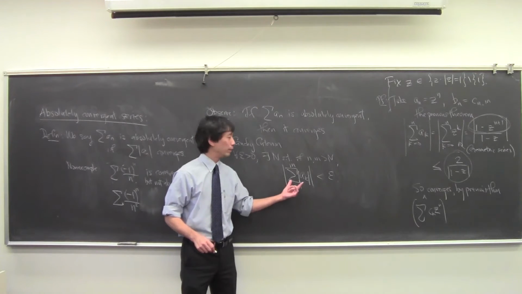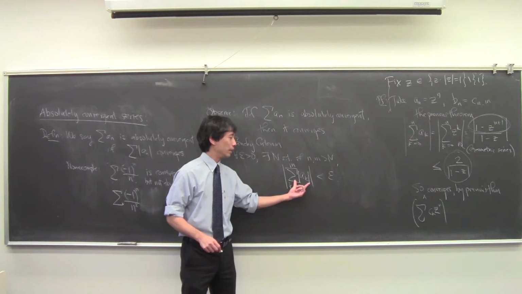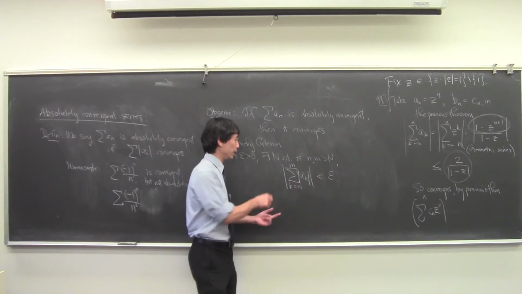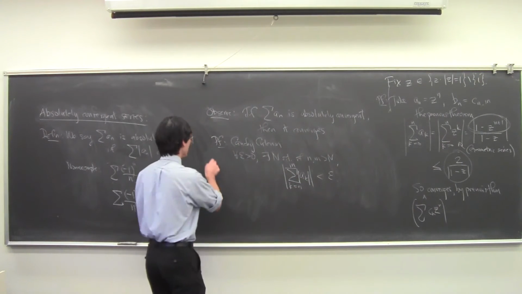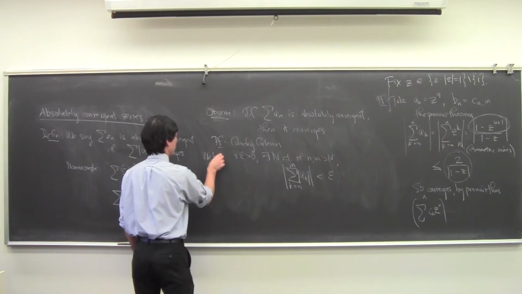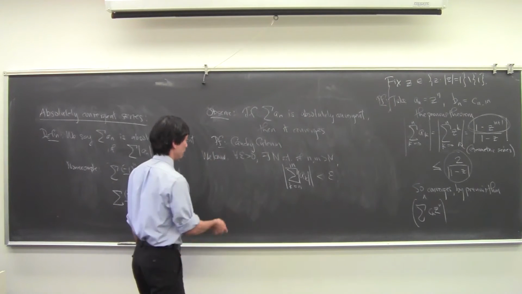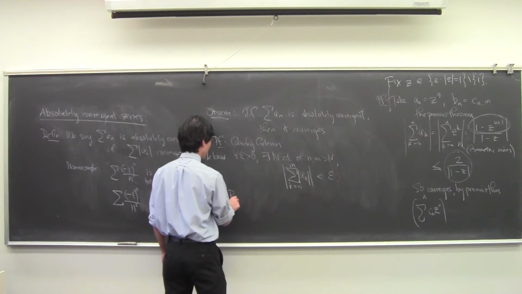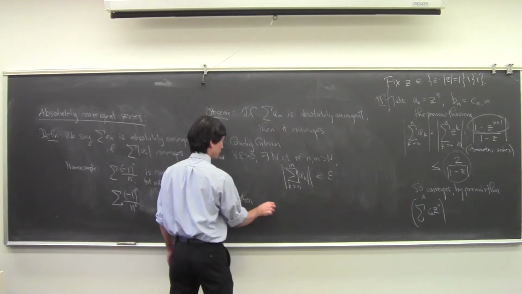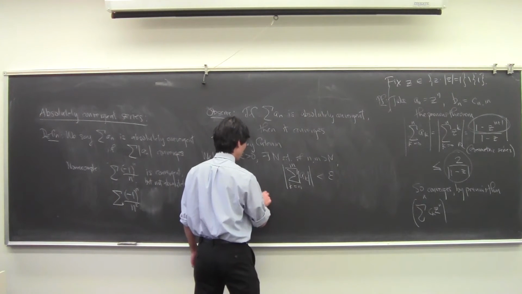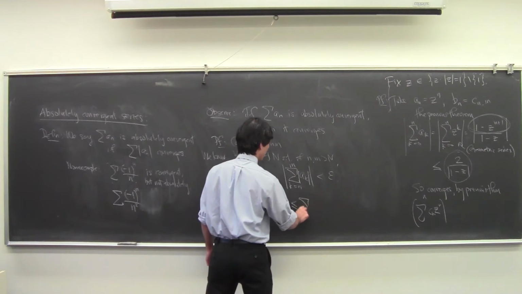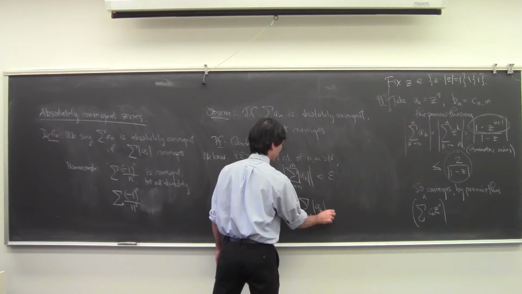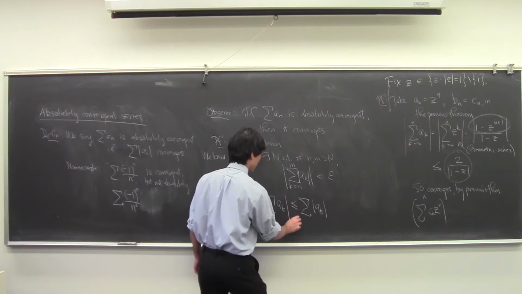Well, if this sum is smaller than epsilon, the other sum is smaller than it by the triangle inequality.